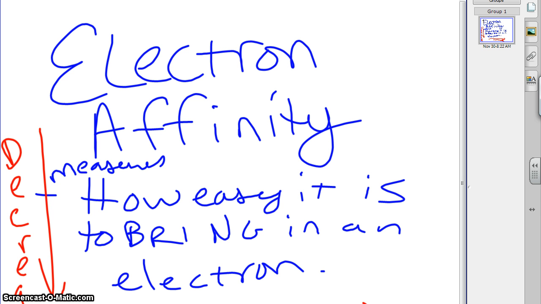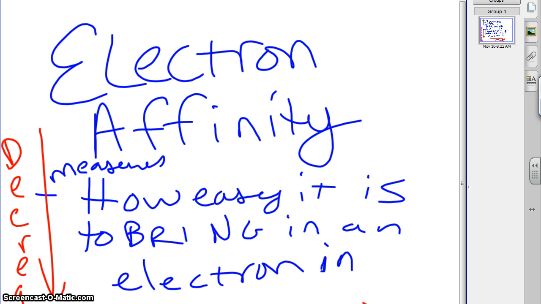Electron affinity measures how easy it is to bring an electron in. Recall that we just talked about ionization energy. We learned that ionization energy measures how hard it is to take one out. This measures how easy it is to put one in.